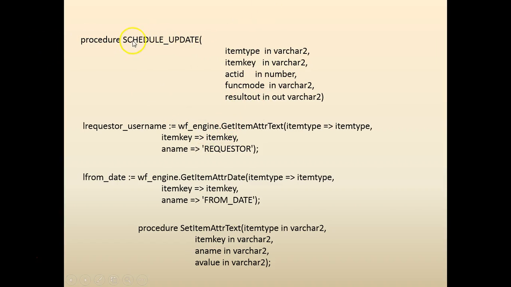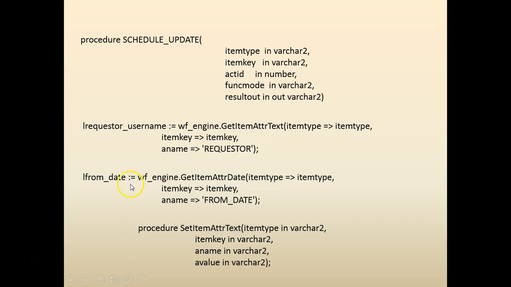So in all procedures you will have a getter and a setter function. The getter function would get the value; in this case it's going to get the value for that attribute, requester, into this PL/SQL variable. Here, if you look at the item attribute date, this is a text attribute, an item attribute.